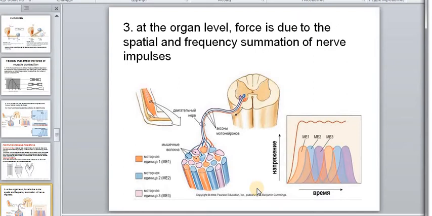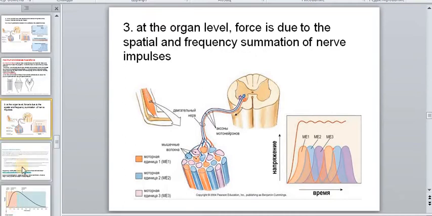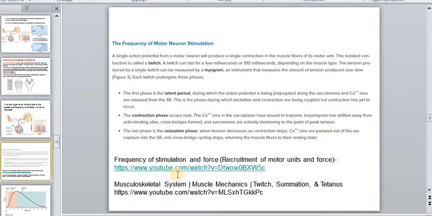Tetanization is an increase in the force of contraction due to an increase in the frequency of nerve impulses. Here I will link this video. Here you can see the frequency of stimulation and force and the whole mechanism of this.